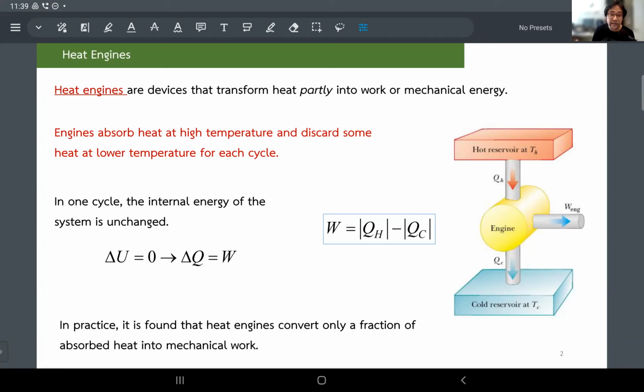The idea is very simple, right? We as humans are trying to make use of the energy around us. Once we experience that the hot stuff is doing something when we put it in thermal contact with the cold stuff, we know that heat is flowing, right?